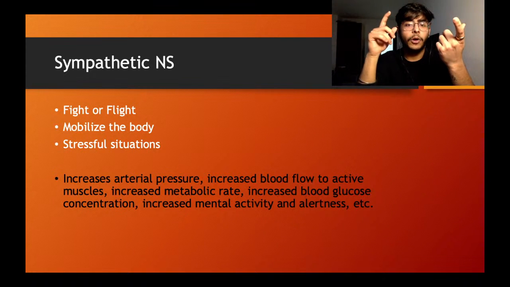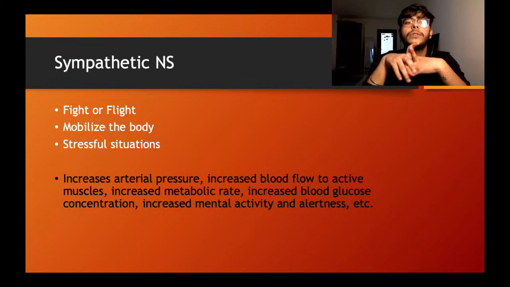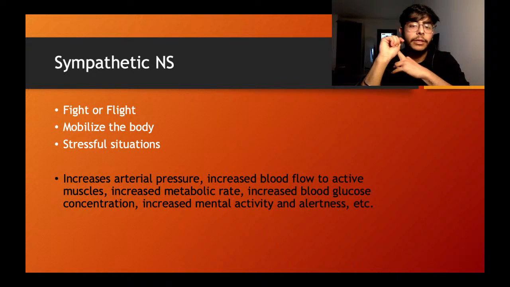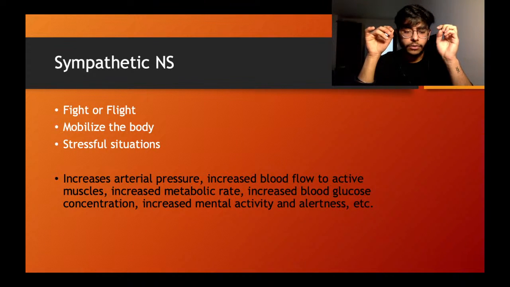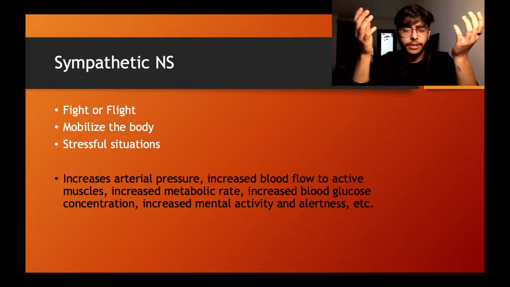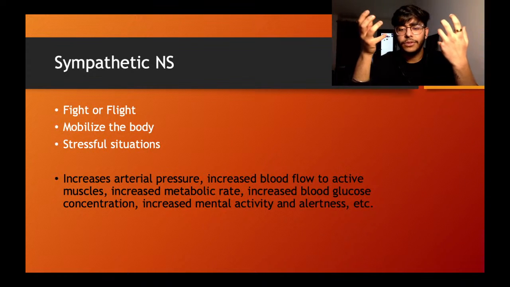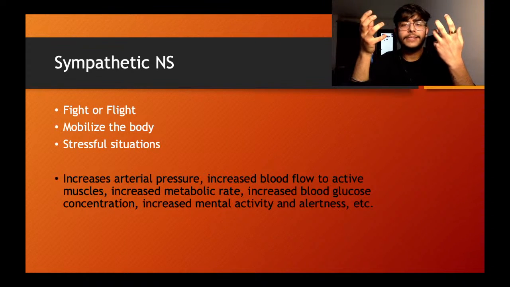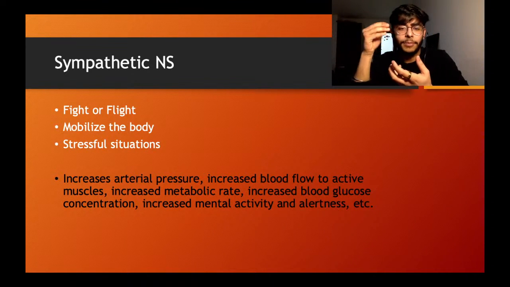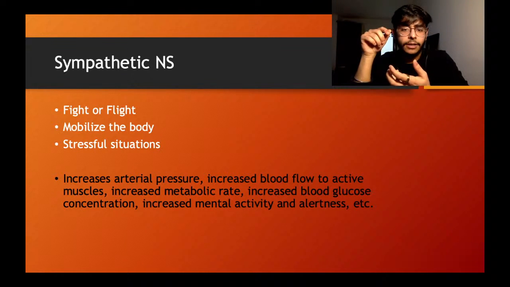Increases metabolic rate, increases blood glucose concentration. Now that is very important. Glycemia is a very tricky concept in the parasympathetic and sympathetic system. But for now, all I'm going to say is, you know how the heart, almost every little drop of blood that passes through the body passes through the heart.